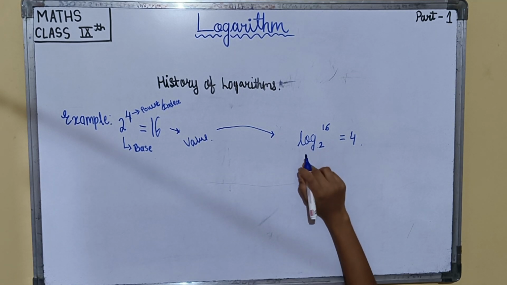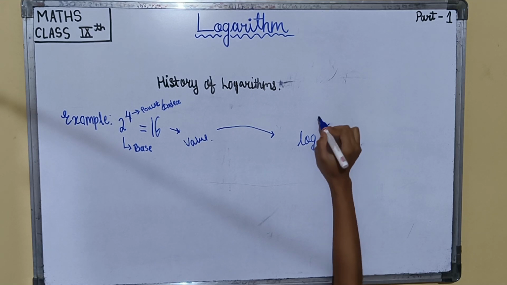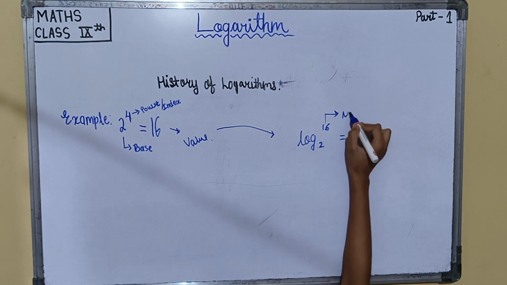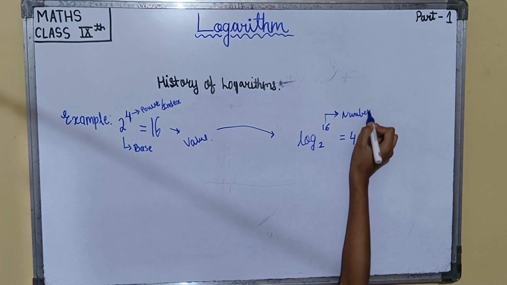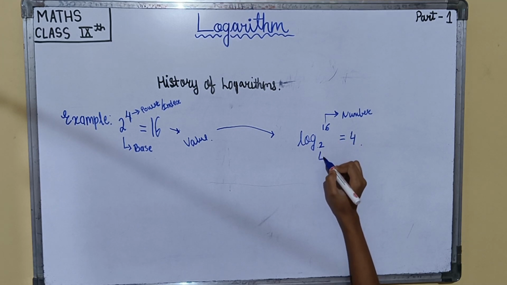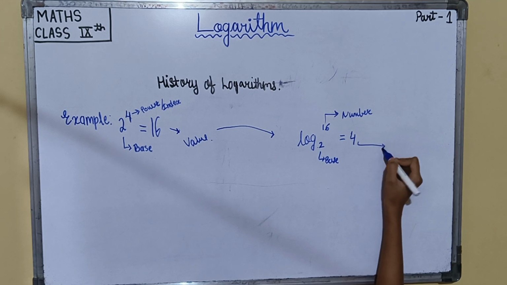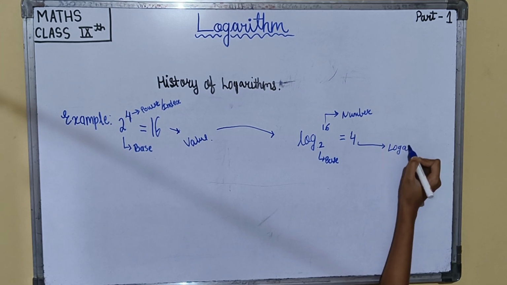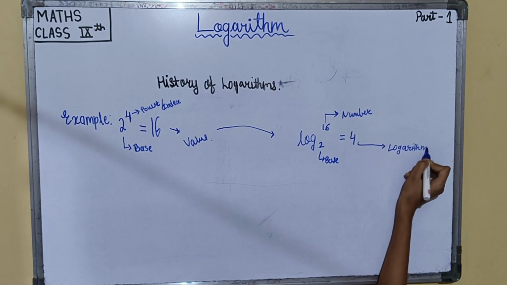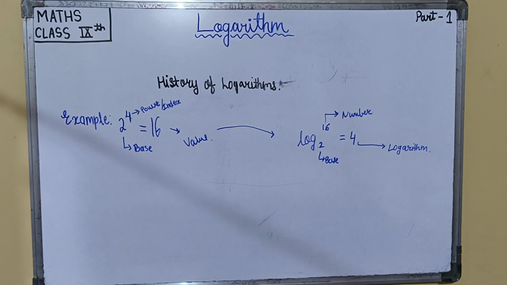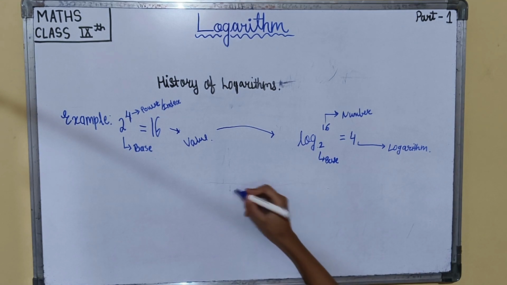Over here, this log of 16 means 16 is the number. This 2 is the base as it is, and 4 is called the logarithm. And how to read this?